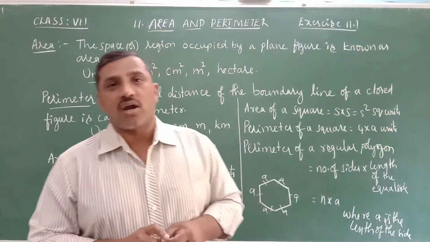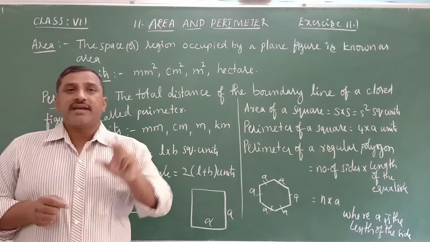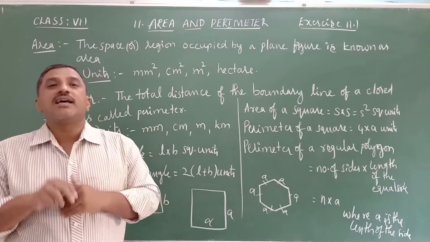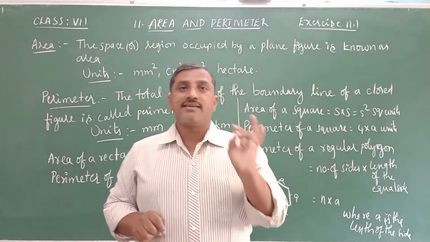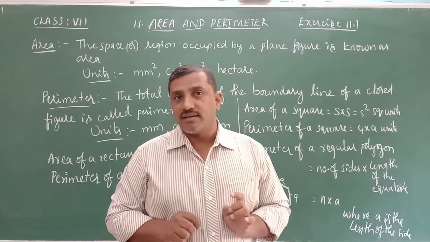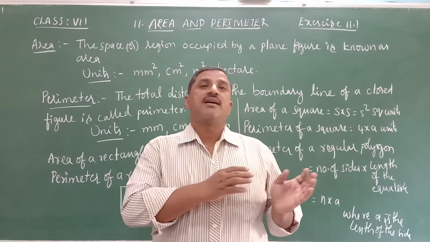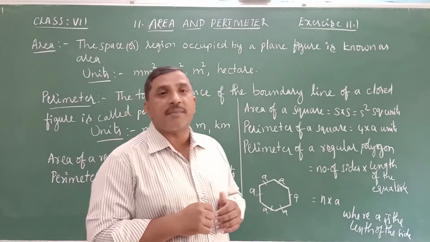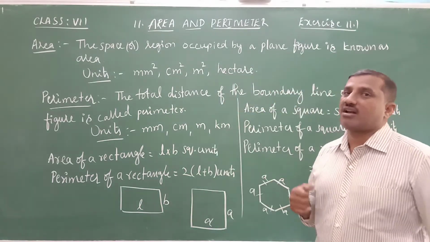So in this chapter we will study majorly two topics: areas of some other plane figures like a parallelogram, a triangle and a circle and its circumference, and the other one is areas of paths like rectangular path, square path or circular path, and areas of crossroads.